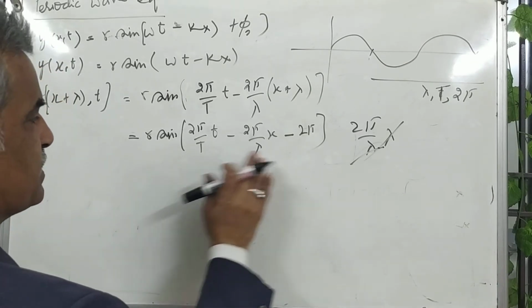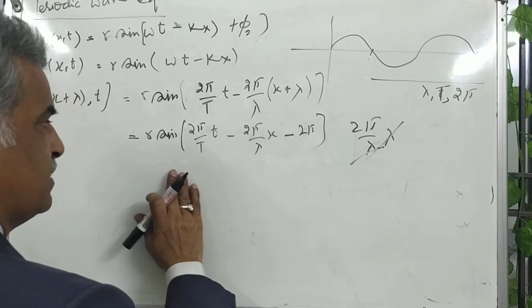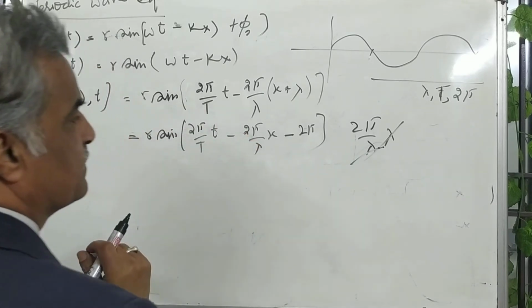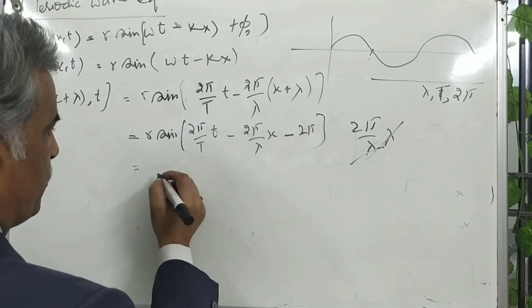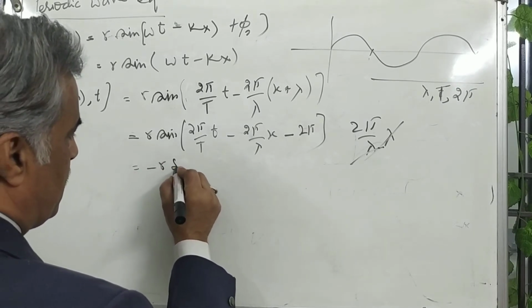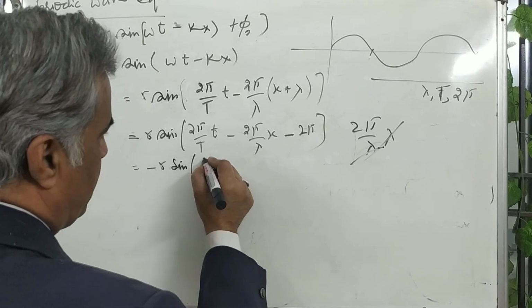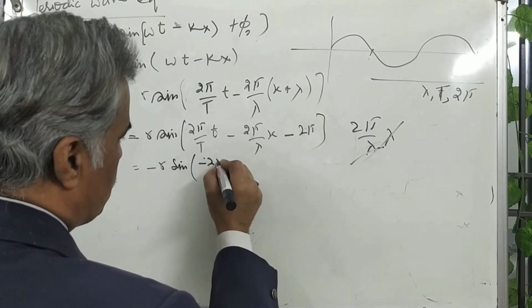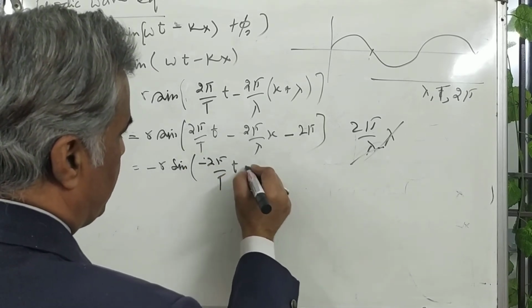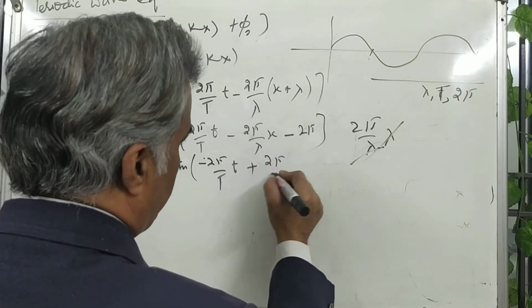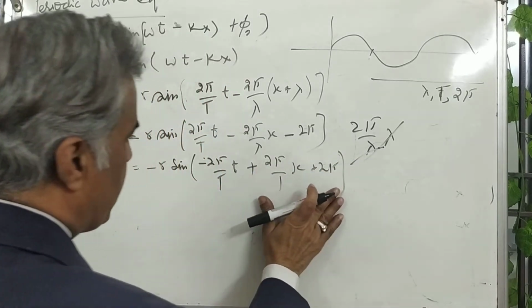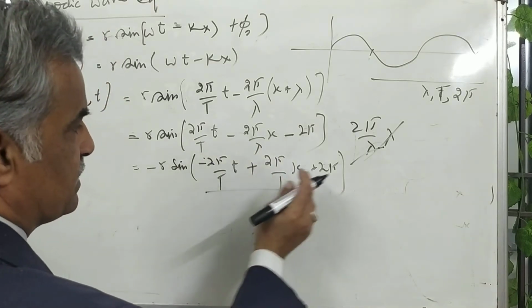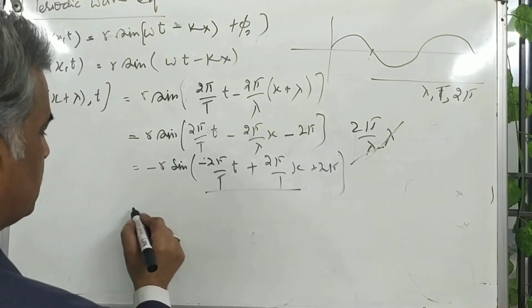Again the minus will transfer, or you may write it this way. You can take minus as common: r sin of minus 2π by T into t plus 2π by λ x plus 2π. Sin(2π + θ), this is taken as θ. Sin(2π + θ) equals sin θ.